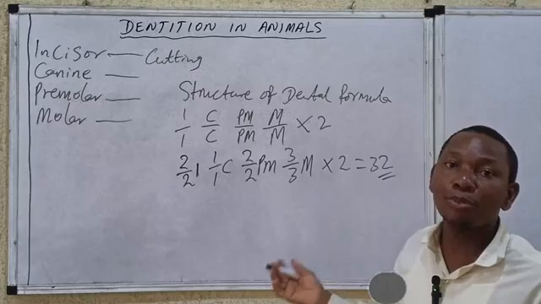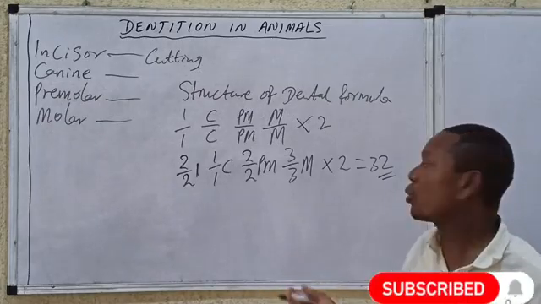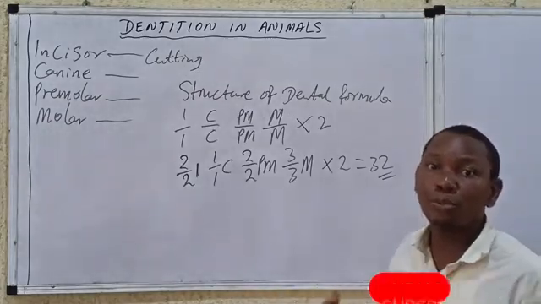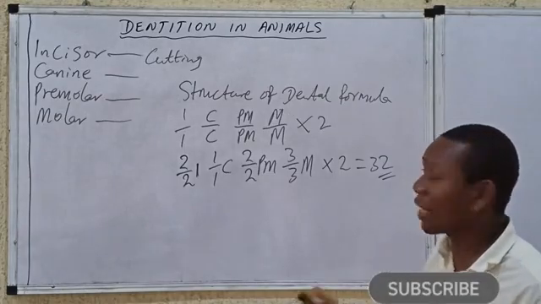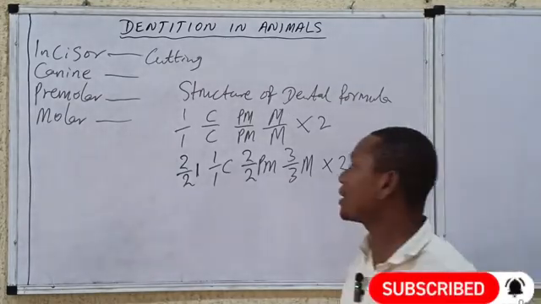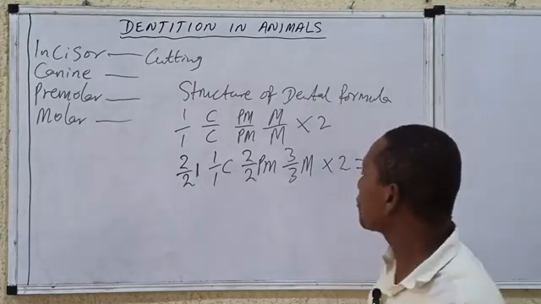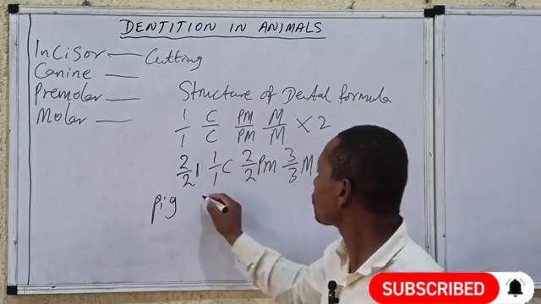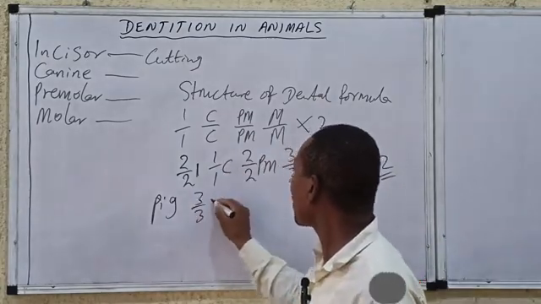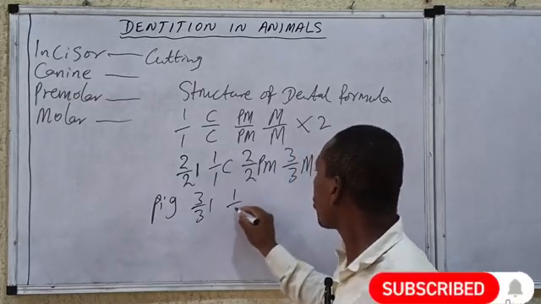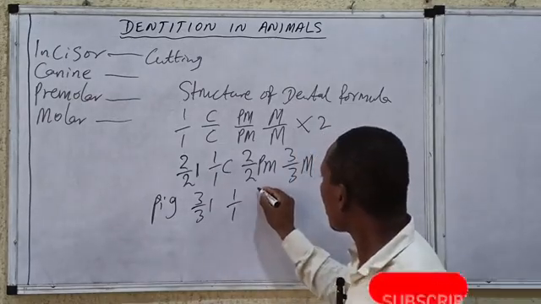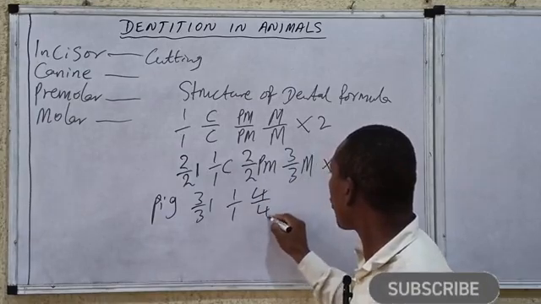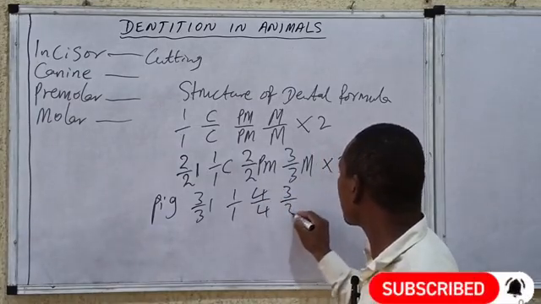So we can represent humans, for example, as omnivores because we can eat both plants and animals. Another omnivore you can easily talk about is the pig. If you want to talk about the dental formula of the pig, just change the numbers: 3, 1, 4, and 3.